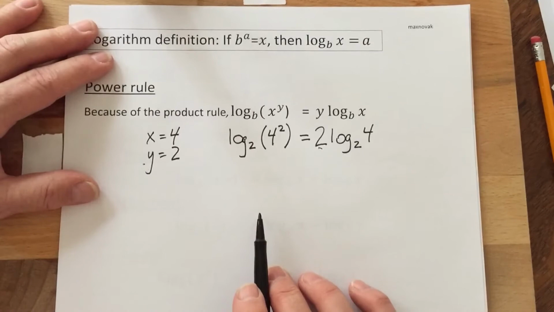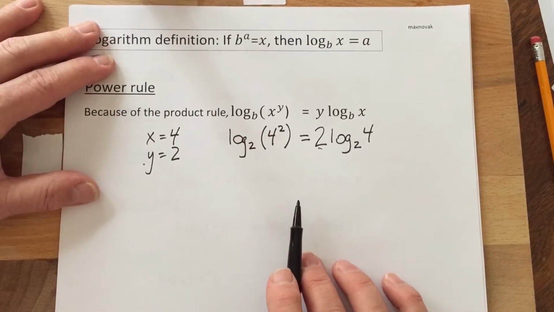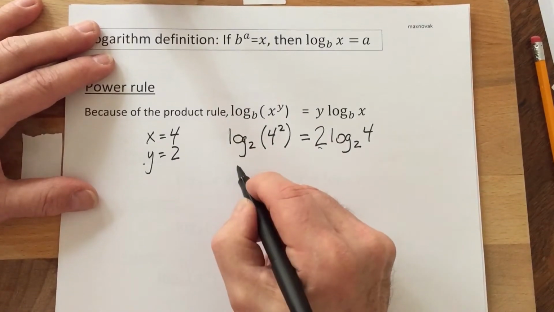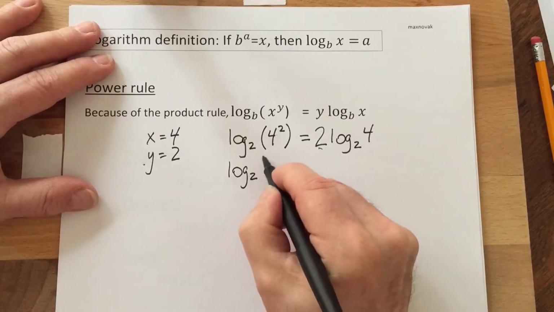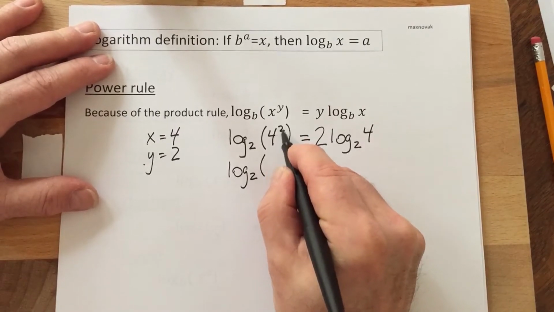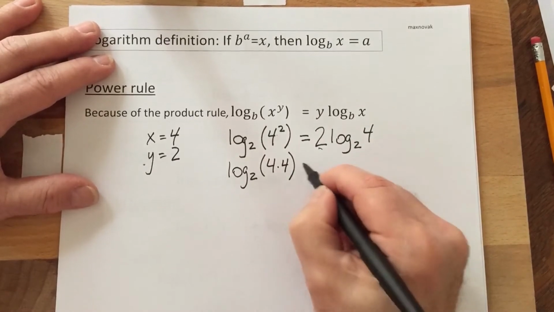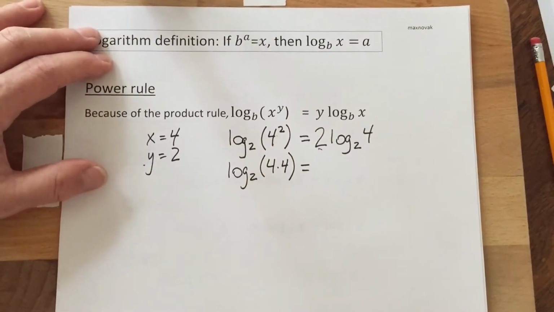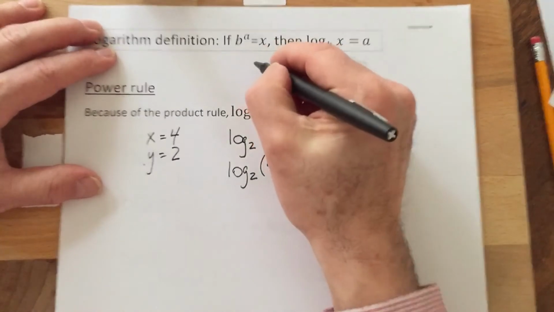Now, how do we know that's true? Well, let's look at it this way. You could also, in this case, write 4 squared as 4 times 4. And how would we solve that? Well, let's go back to our product rule.